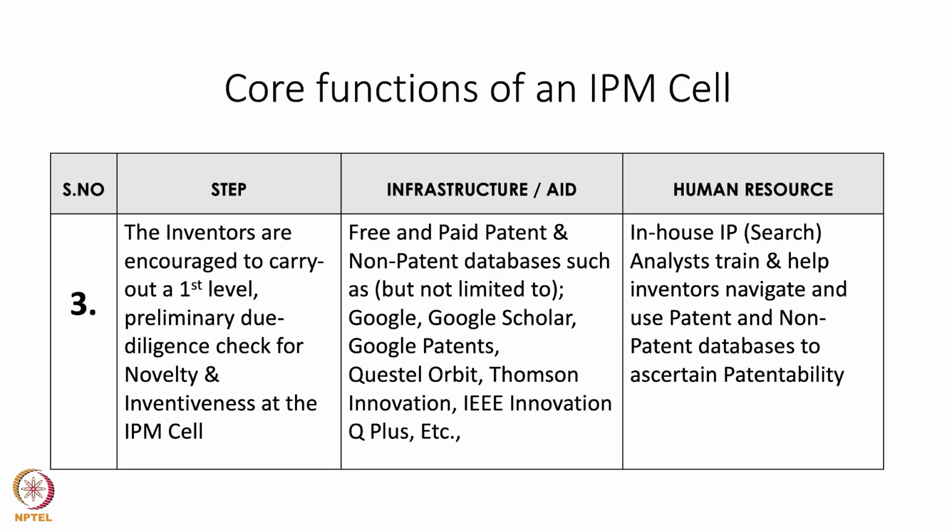Because the IPM cell may not involve itself in drafting and filing, but search is the first level at which the IPM cell can facilitate whether there is an invention that is patentable. So if the IPM cell has independent skill and talent, it'll be much easier and cost effective than outsourcing every search that could come from the university.